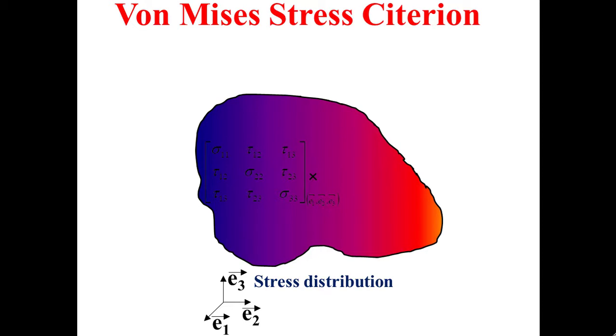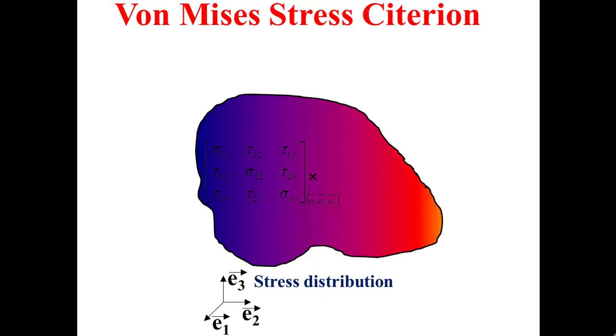So you can notice that this stress tensor is symmetric, and the diagonal terms reflect the normal strains, and the extra diagonal terms reflect the shear strain. The problem here is we cannot compare this 3D stress matrix format or tensor format to the body yield strength, which has a scalar format.